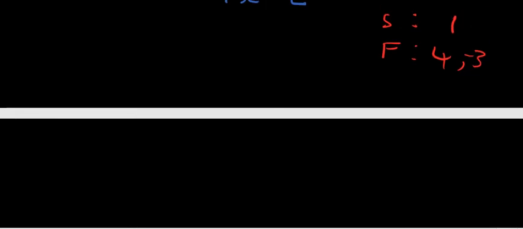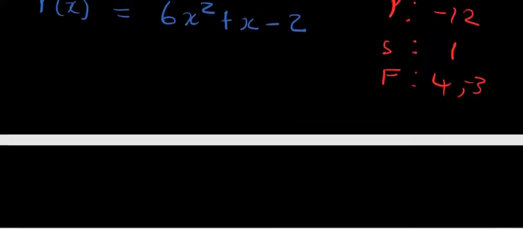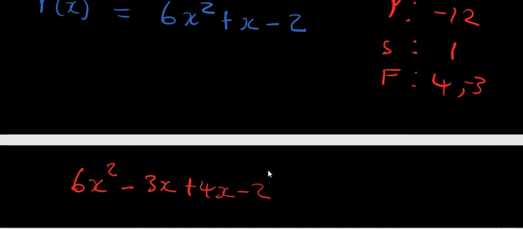Let me quickly go back and check my quadratic equation. So I can simply say 6x squared, I can put minus 3x plus 4x minus 2.